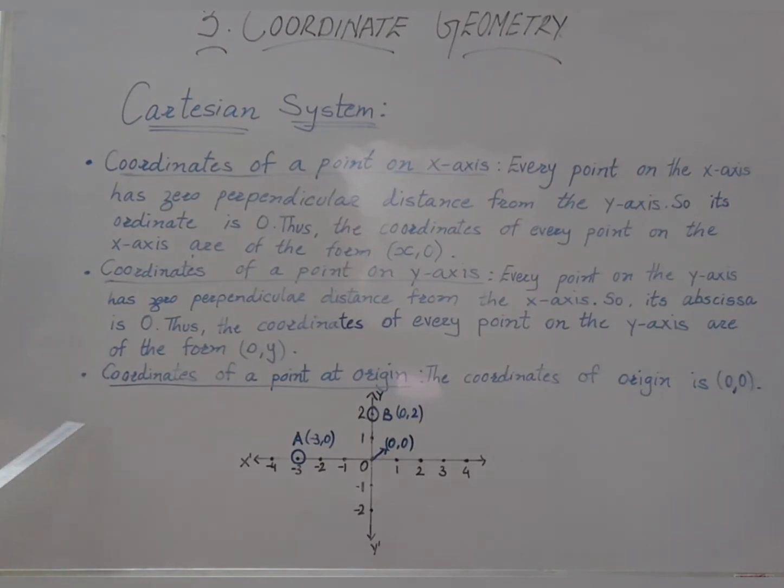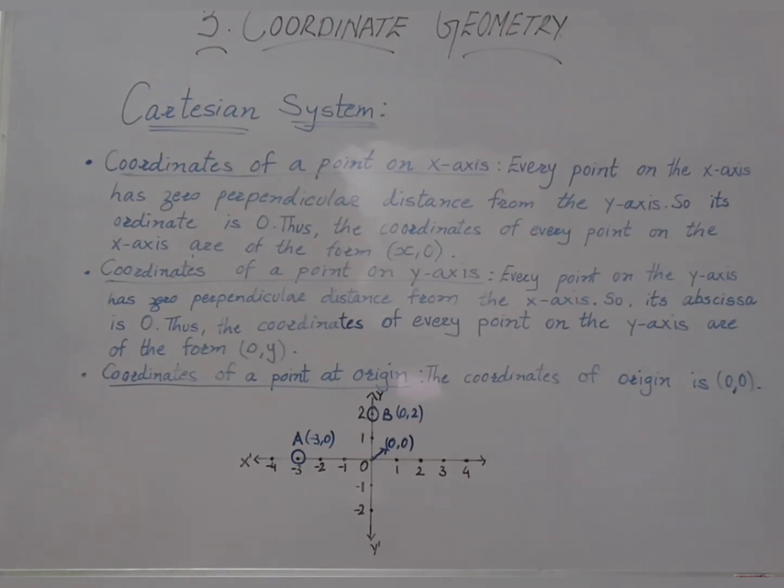Next, coordinates of a point at origin. Now, let's see what are the coordinates of a point which lies on the origin. The coordinates of origin is (0, 0). You can see here O is your origin and its coordinates will always be (0, 0), because it does not have any perpendicular distance from both the axes.